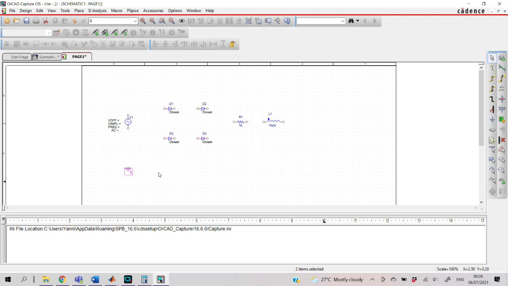The only thing we need to do is connect these components to each other. Since it is a bridge rectifier, the diodes are connected to each other.